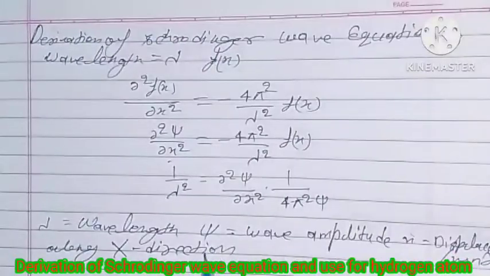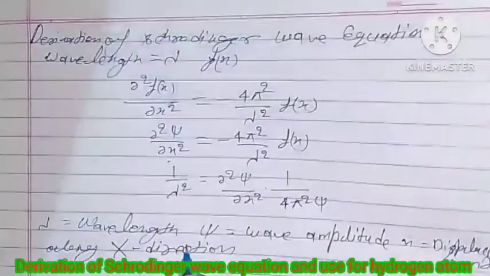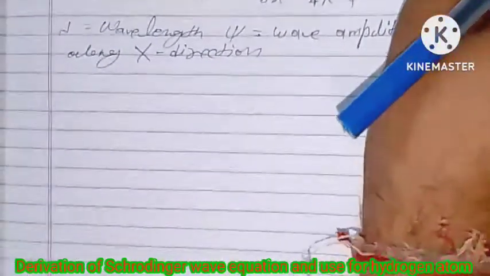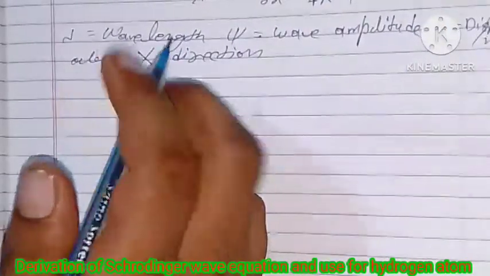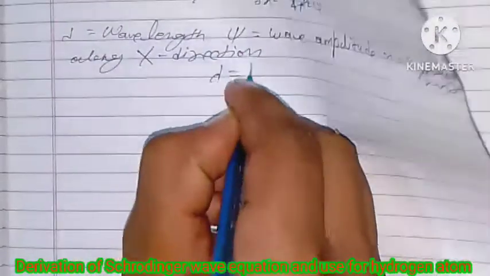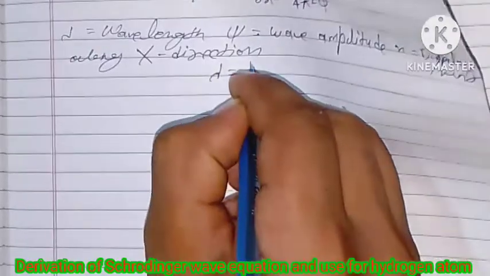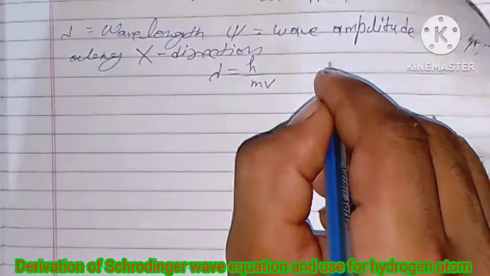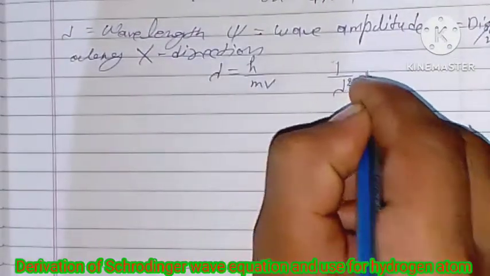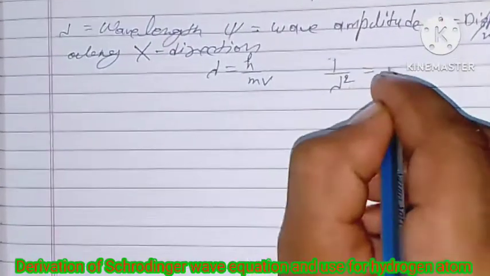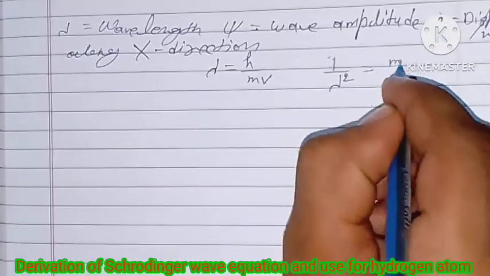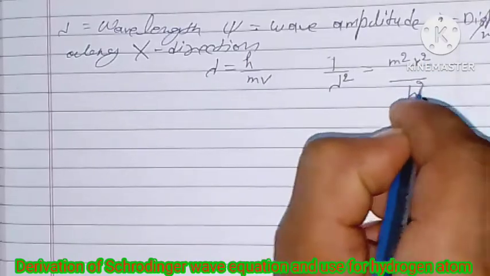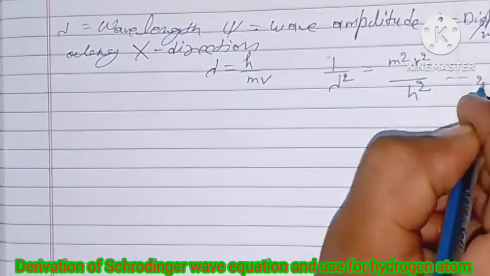According to the de Broglie equation, lambda equals h upon mv. Then 1 upon lambda square equals m square v square upon h square. This is equation number 2.